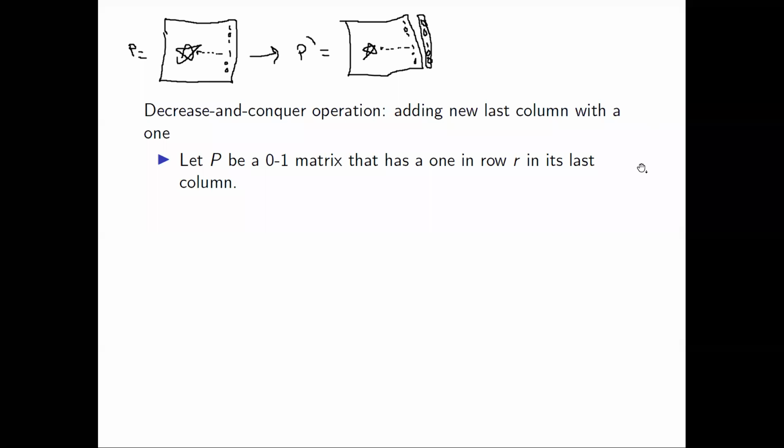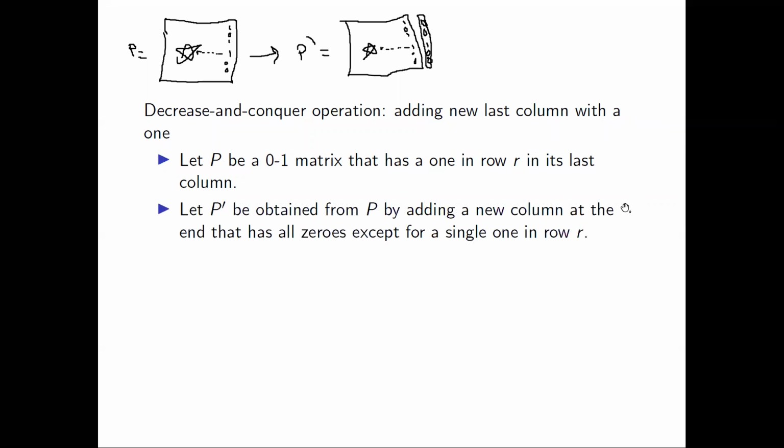And for any starting matrix P, which has this 1 in the last column, we can say that the following inequality is true. And we proved this inequality in the last video on 0-1 matrices. So we won't prove it in this one because we already proved it in that previous video.